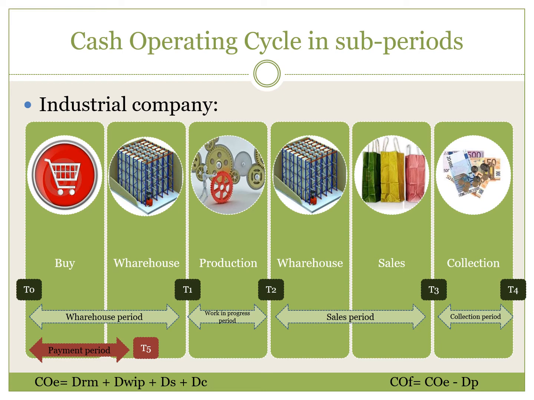It's the one marked in red, and it's the payment period. During that period, the company is not paying the suppliers for the raw material that it has bought from them.